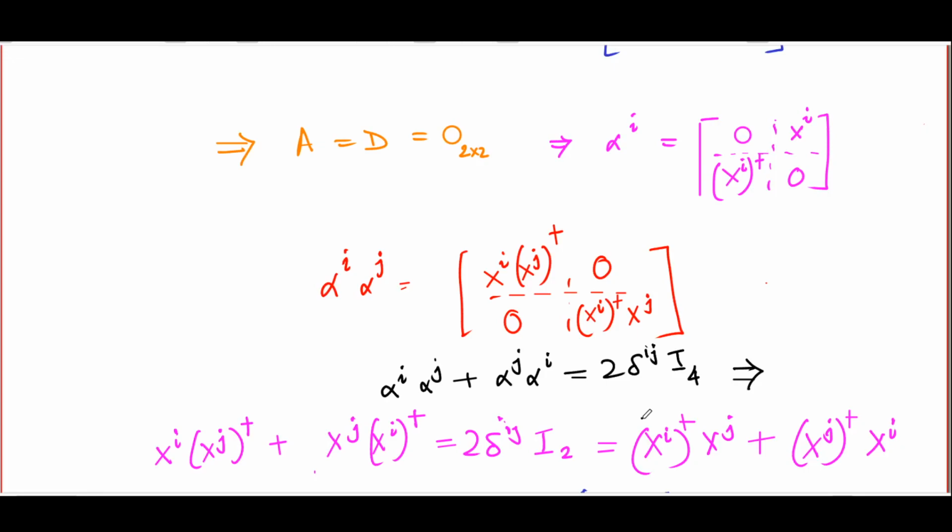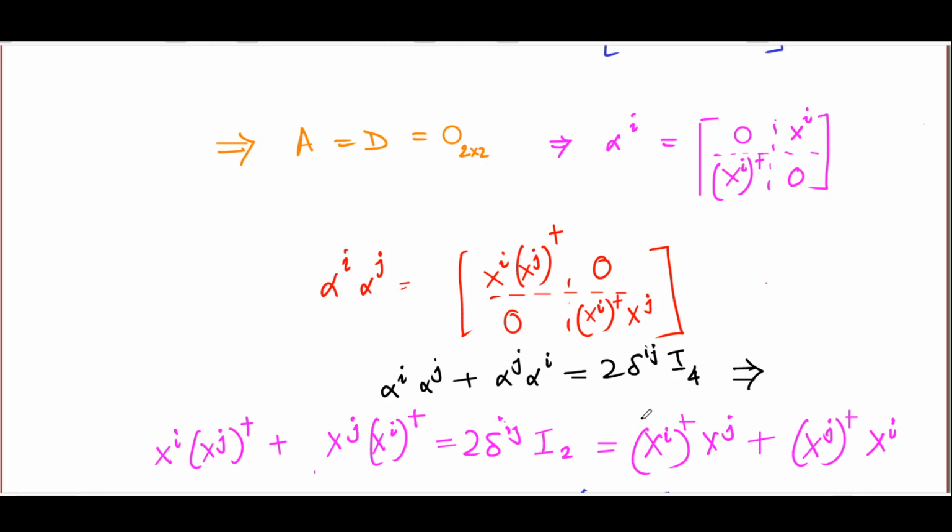We can then exploit our final Dirac condition, alpha i alpha j plus alpha j alpha i equals twice delta ij times the 4x4 identity matrix, to give you these relationships between xi and xj. Xi xj dagger, which you get from alpha i alpha j, plus xj xi dagger, the corresponding term from alpha j alpha i, must be what is sitting on the top diagonal block of twice delta ij I4, that is, it must be twice delta ij times I2.